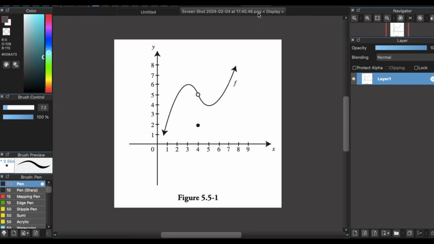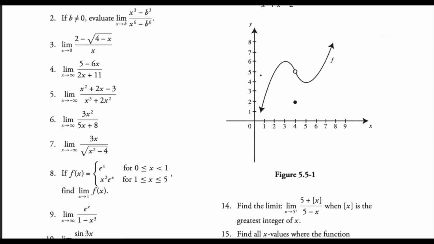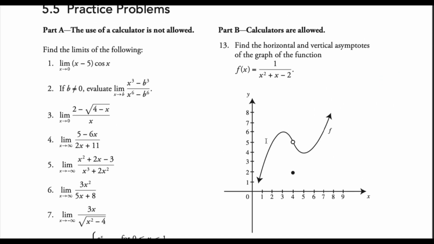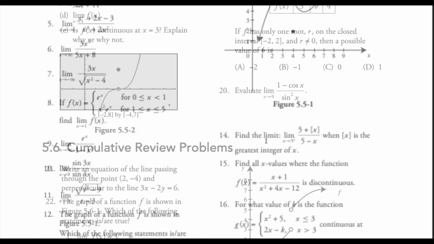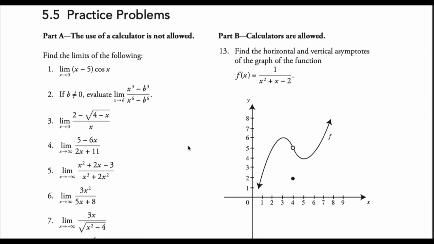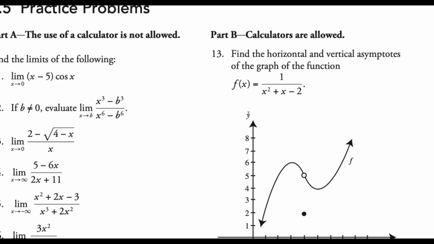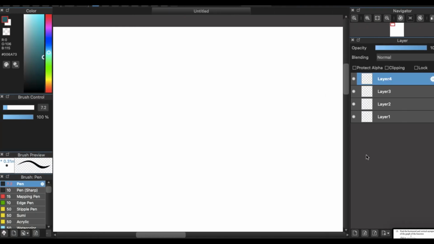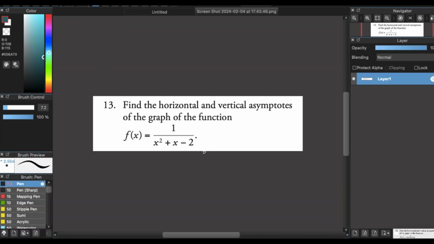Okay, on to the next problem. We're going to example number 13. Find the horizontal and vertical asymptotes of the graph of the function. And here, calculators are allowed. Okay.